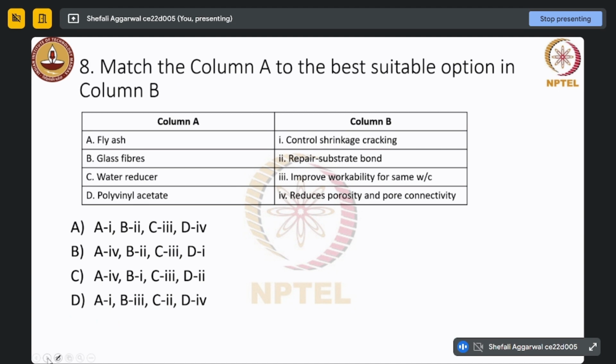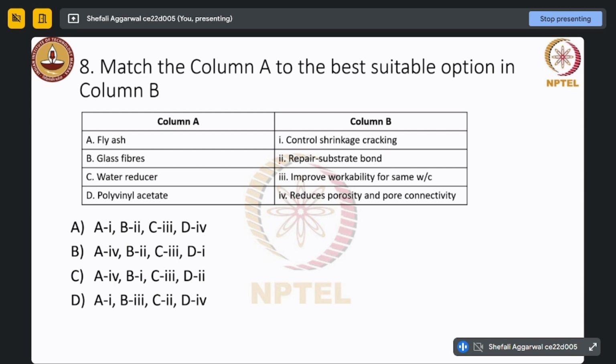Okay, next question. Match column A to the best suitable option in column B. So we have different types of repair material, and what they can be used for: fly ash, glass fibers, water reducer, and polyvinyl acetate. What do you think will be helpful in controlling shrinkage or repairing or as a bonding material?